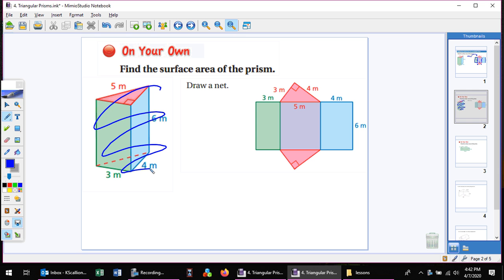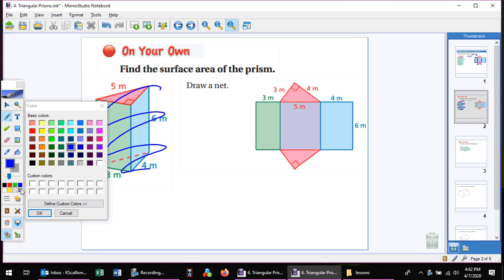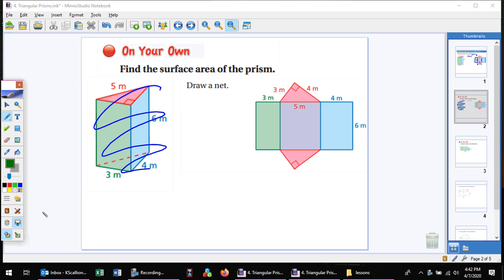I'm going to hop to a green color. We said that this was 3 here, and this side length here is 6 meters. To find the area of the green rectangle, it's simply 3 by 6. That gives me 18 meters squared.